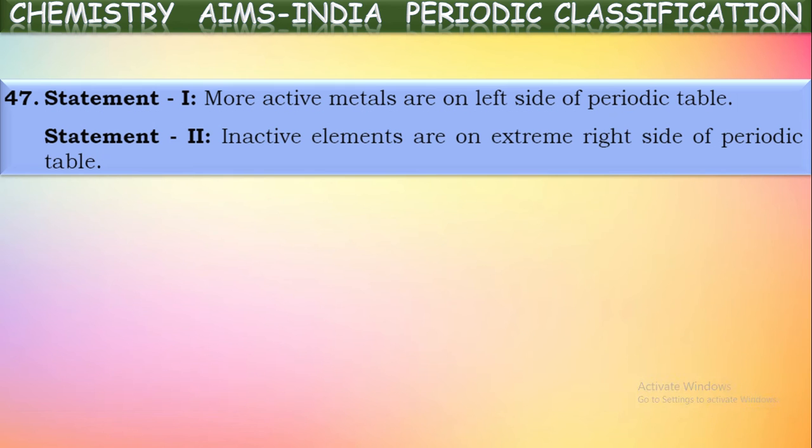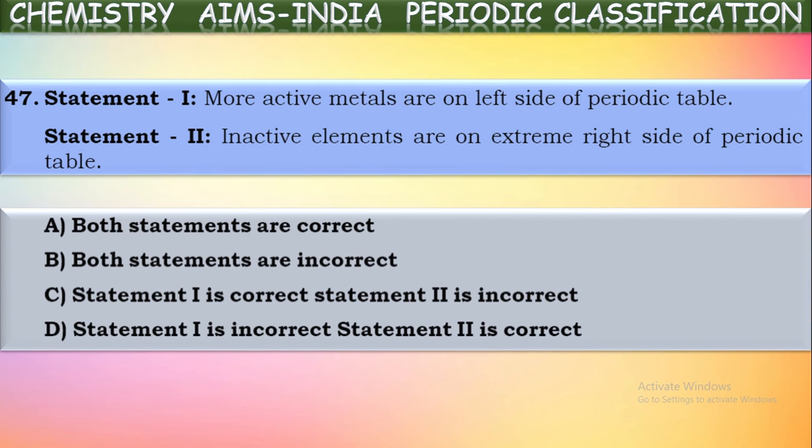Okay, next one. See the first statement. More active metals are on the left side of the periodic table. Is it right? Yes. On the left side of the periodic table there are alkali metals which are highly reactive metals. Even the second group, alkaline earth metals, are also more reactive.